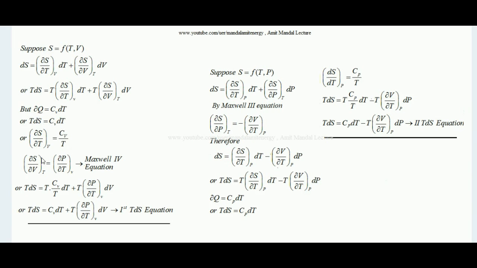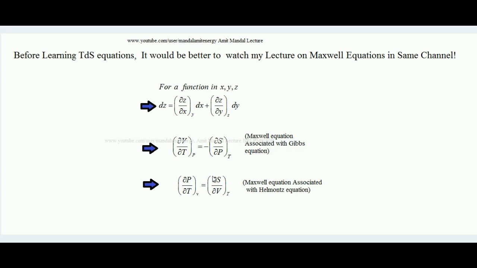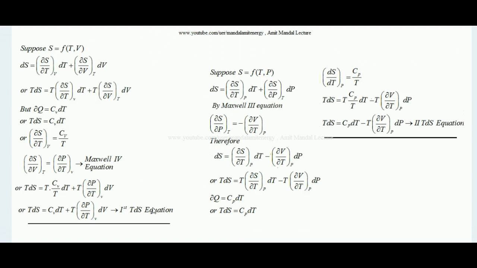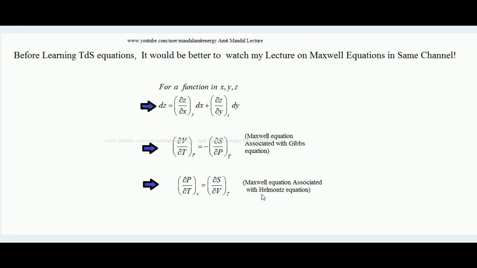Second thing is del s by del v at constant T equals del P by del T at constant v. This is the Maxwell equation associated with the Helmholtz equation. Therefore, keeping these values: del s by del T at constant v can be written as Cv by T, and similarly del s by del v at constant T can be written as del P by del T at constant v because of Maxwell's equation associated with the Helmholtz equation.